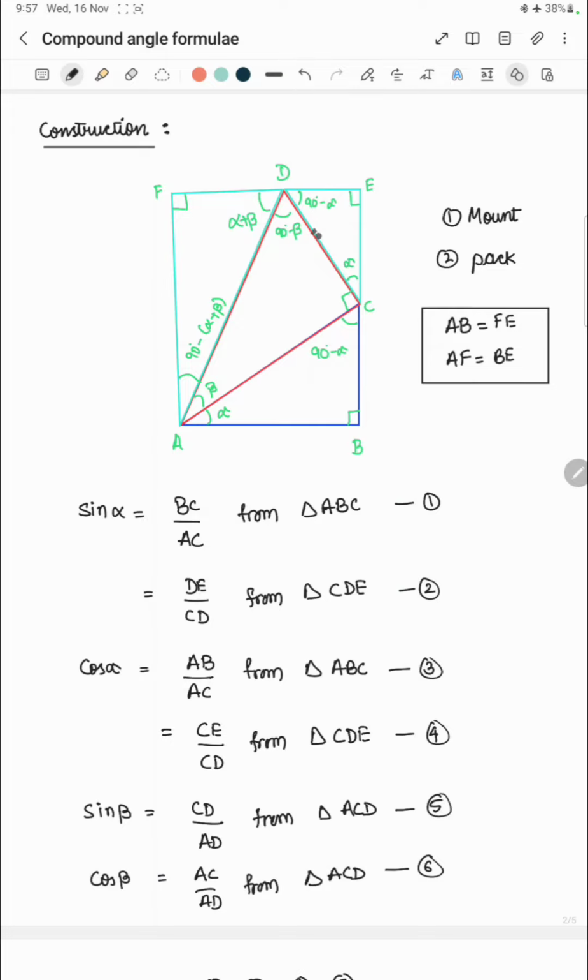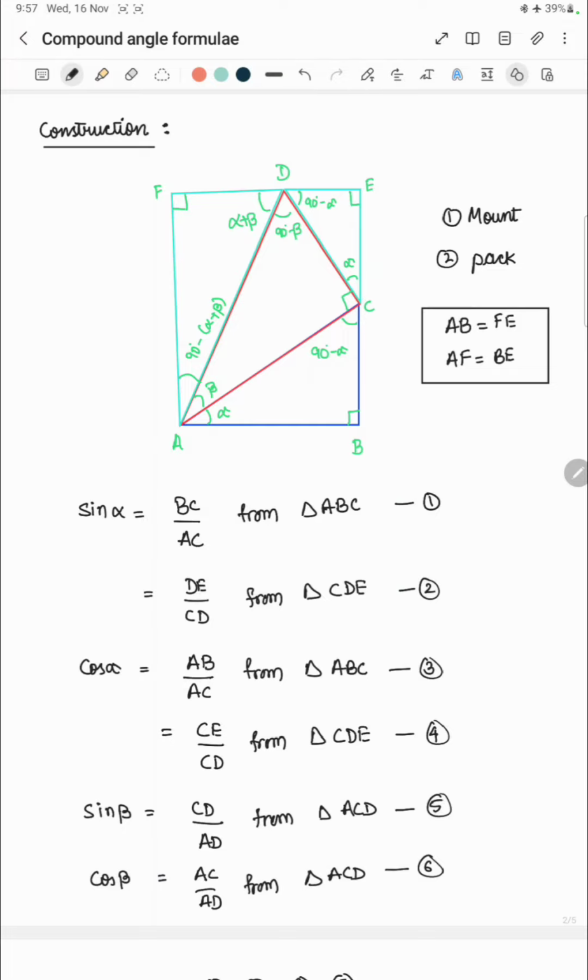Now look at the triangle CDE. This angle is alpha, which means the other angle should be complementary, 90 degrees minus alpha. That is the first construction that we have done here.